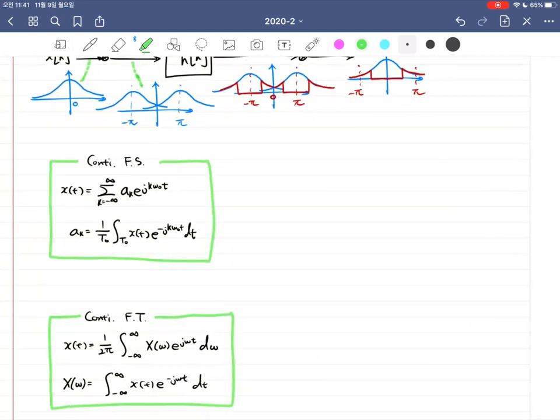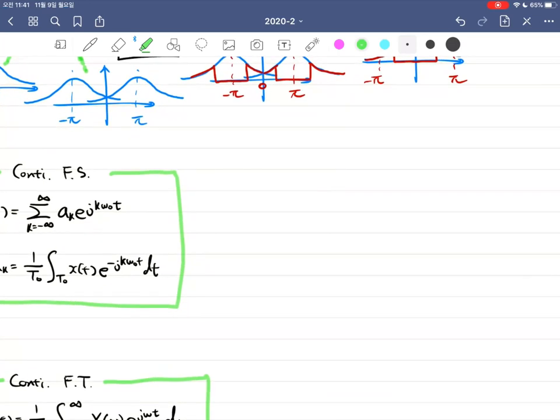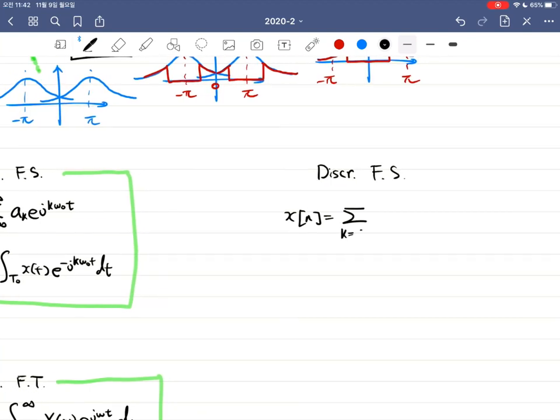Also, we just finished the discrete time Fourier series. Since I'm talking about discrete time Fourier series, x should be periodic. So x[n] can be represented by the summation over just one period. So you don't need an infinite number of coefficients.